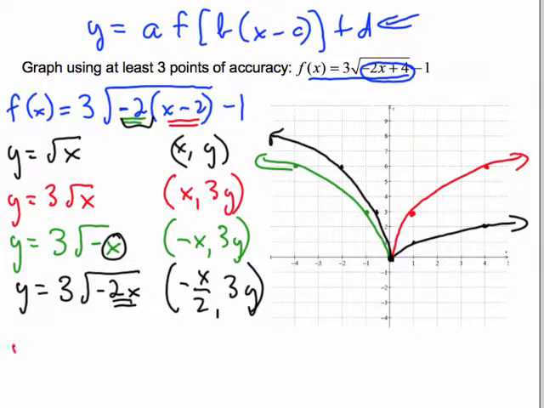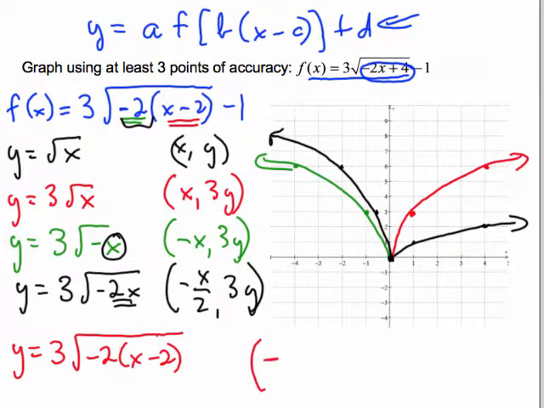Replacing x with x minus 2 shifts the graph 2 units to the right, so the first coordinate increases by 2, and the -1 translates the graph down 1.